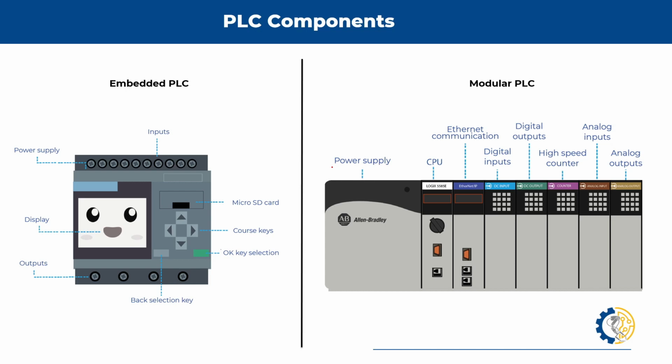Modular PLCs generally are used for applications that are very robust, which are, let's say, mid-tier and top tier. When I say top tier, I'm talking about some that we can integrate more networks, more devices.